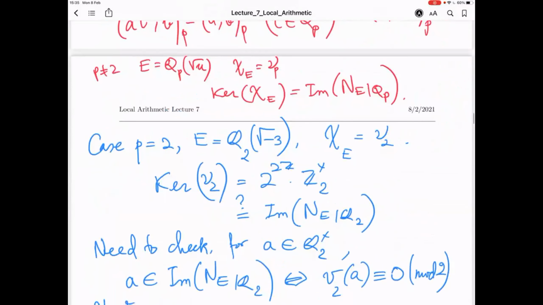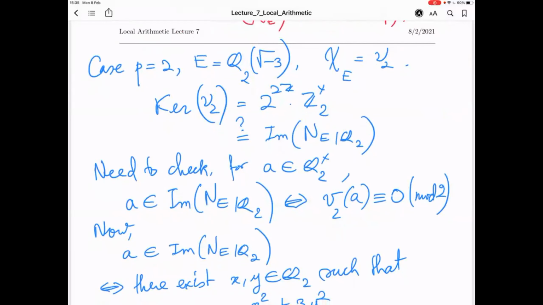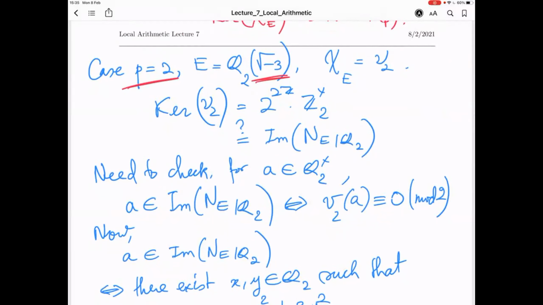Now we can do a similar check for the other cases. Let's consider the case p equal to 2 and E equal to Q_2 adjoined root minus 3. The quadratic character which we have assigned to this quadratic extension was nu_2. As before, the kernel of nu_2 consists of precisely those elements whose valuation is even.